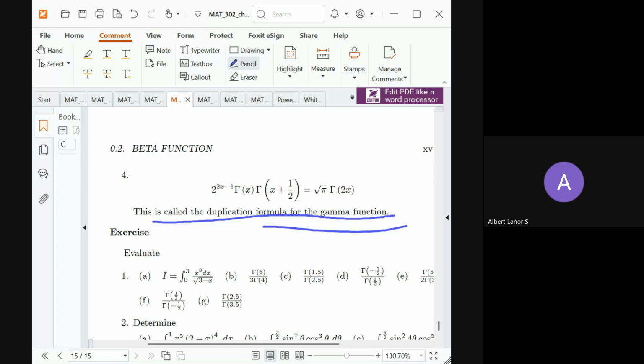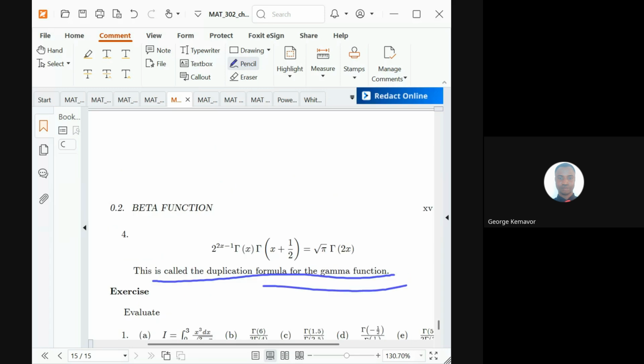Hello, Doc. Yes. Let me ask this question before you continue. When we were evaluating the beta function, I realized that the limits are from 0 to 1. Do we have a situation where we may have a different limit aside from 0, 1? Normally the beta function is standard from 0 to 1.